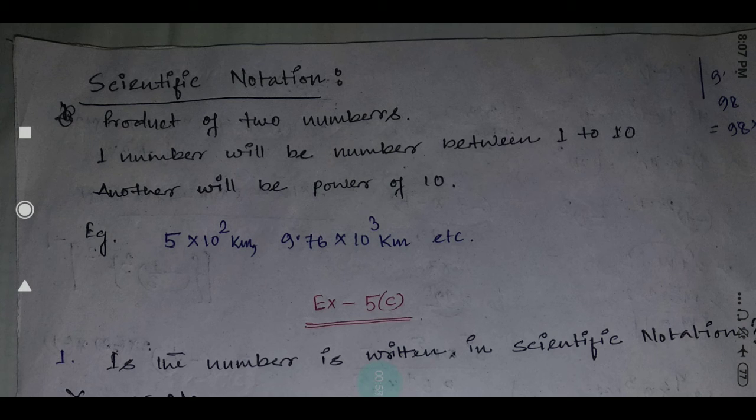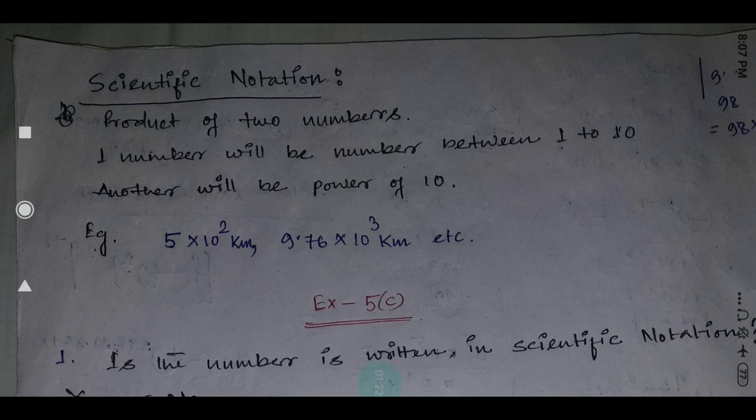Suppose you have to calculate the distance between the earth and the sun. If you write this number, the distance between the earth and the sun in kilometers, it is obviously a very large number, because the distance is very large.